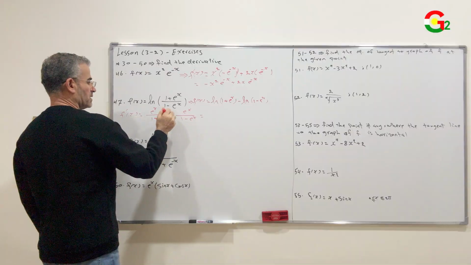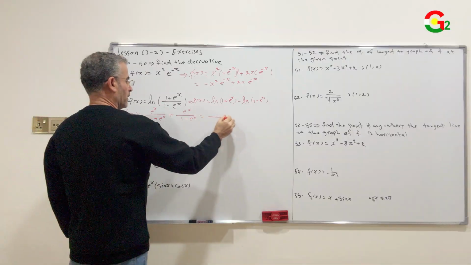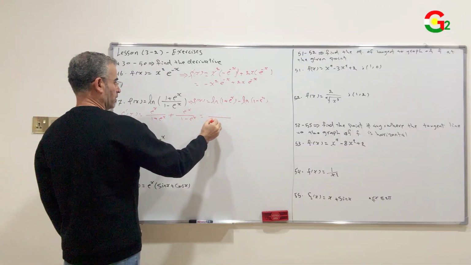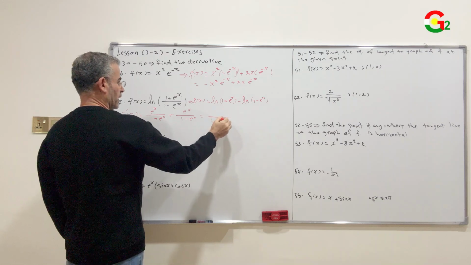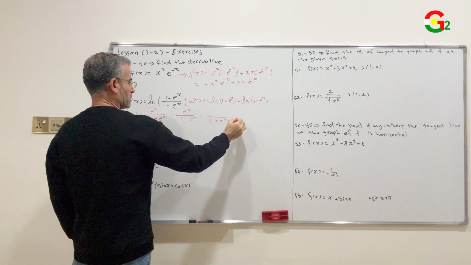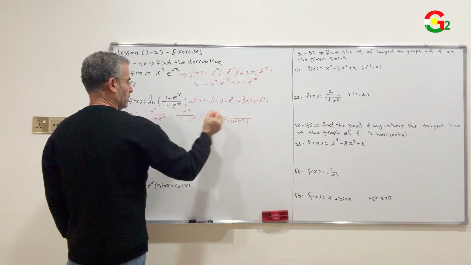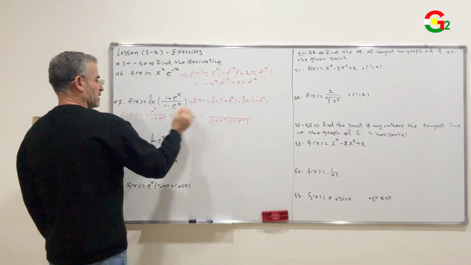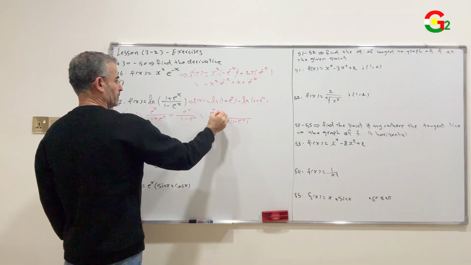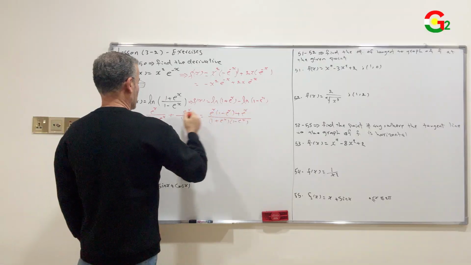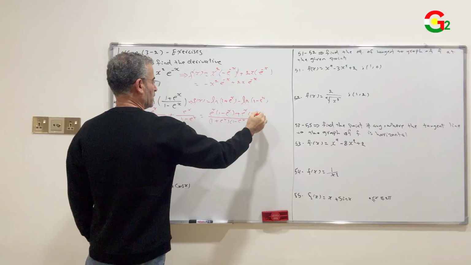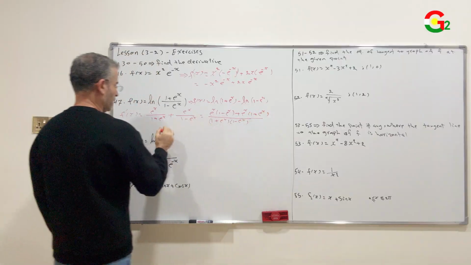Minus times minus is plus. Then the common denominator is 1 plus e to the x times 1 minus e to the x, numerator 1 minus e to the x times e to the x plus e to the x times 1 plus e to the x.